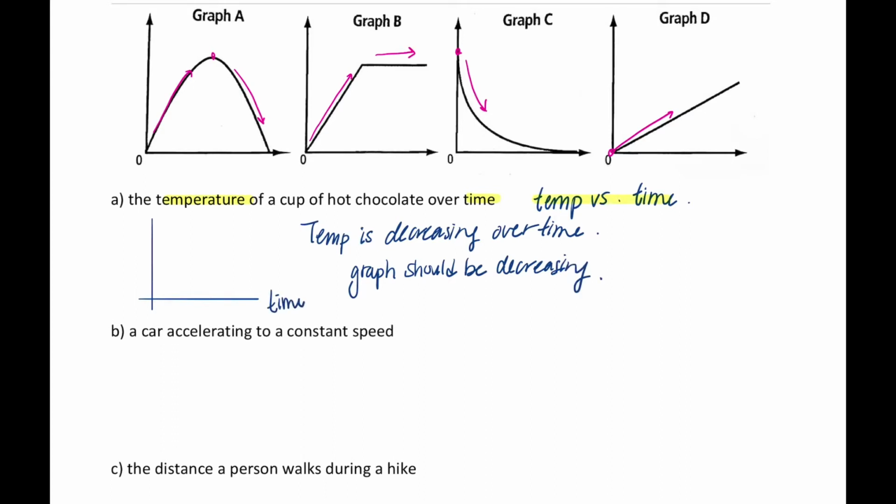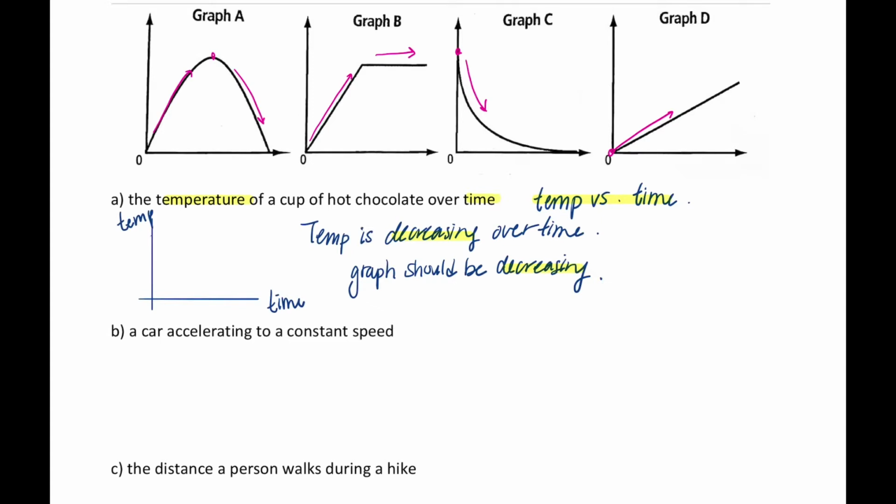Time always comes on the x-axis because it's the independent variable, and I'll discuss this a little more later on. But for now, assume that time is always on the horizontal axis, and temperature will be on the y-axis. And like I said before, temperature is decreasing over time, so the graph should be decreasing over time as well.